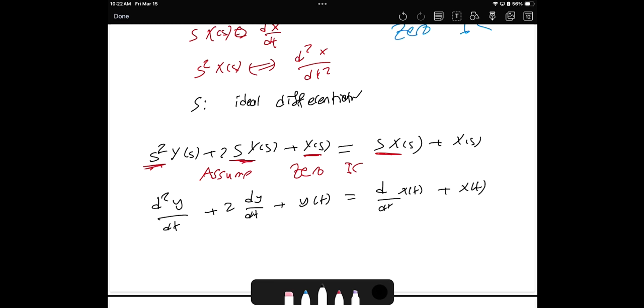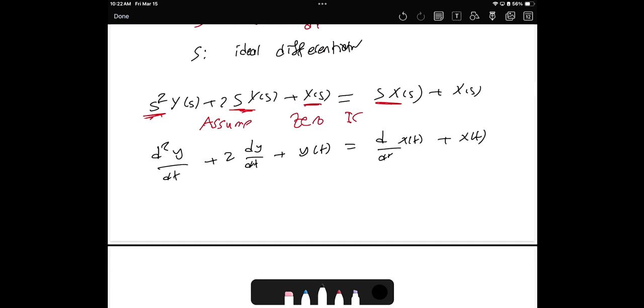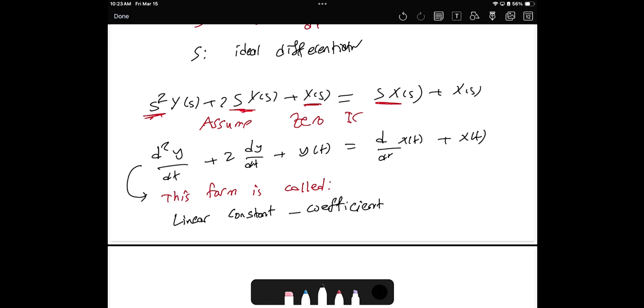Then this is the second order differential equation. So now I converted that transfer function into a differential equation. This form is called a linear constant coefficient differential equation.